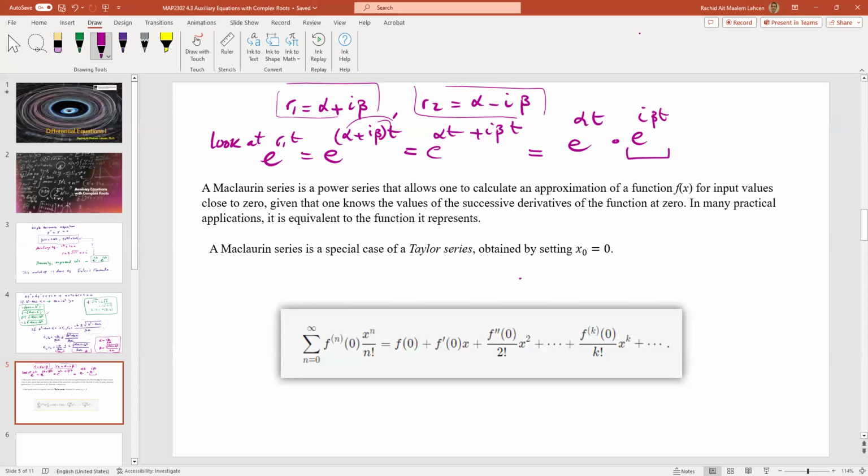So now, what is this for e to the I theta? Of course, you're going to have the first one here, e to the I 0, which will be 1.